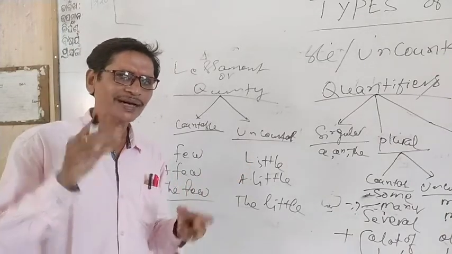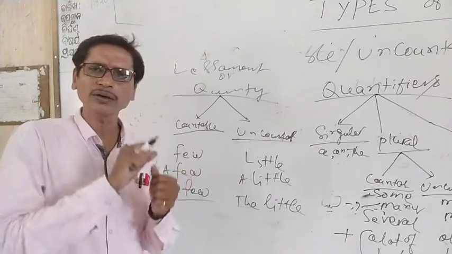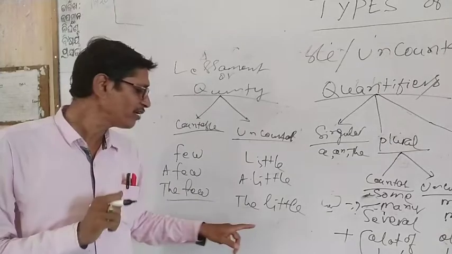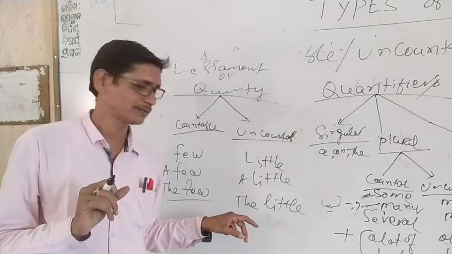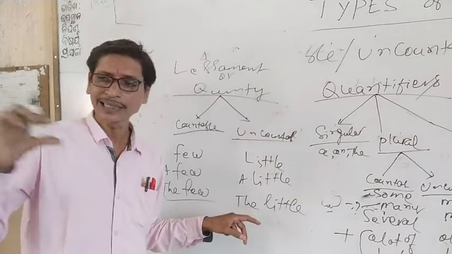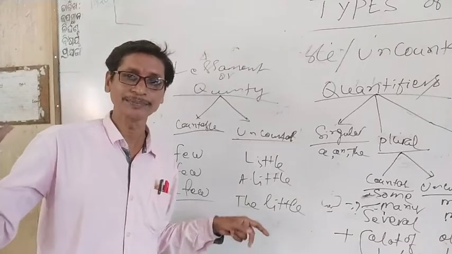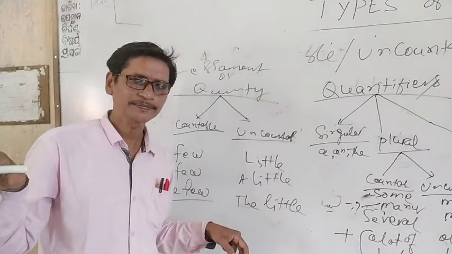I have less, but exactly I can't explain the amount or quantity of this uncountable noun. But when we talk about the little, we exactly know the small amount. The example I gave: I drank the little water my bottle had.